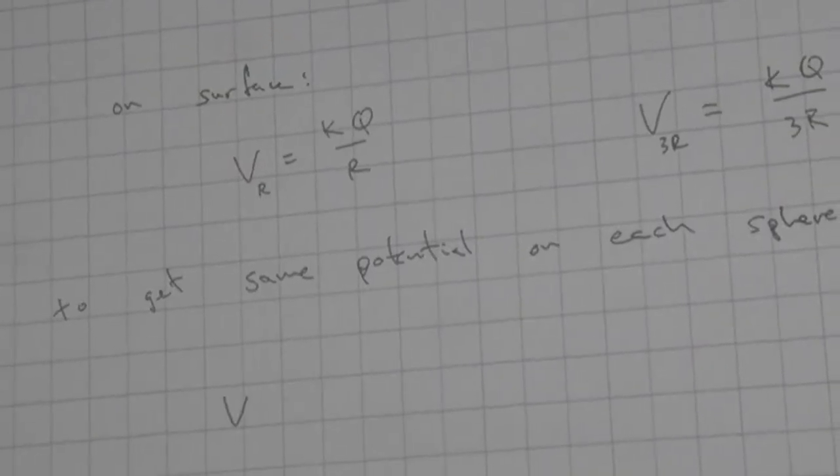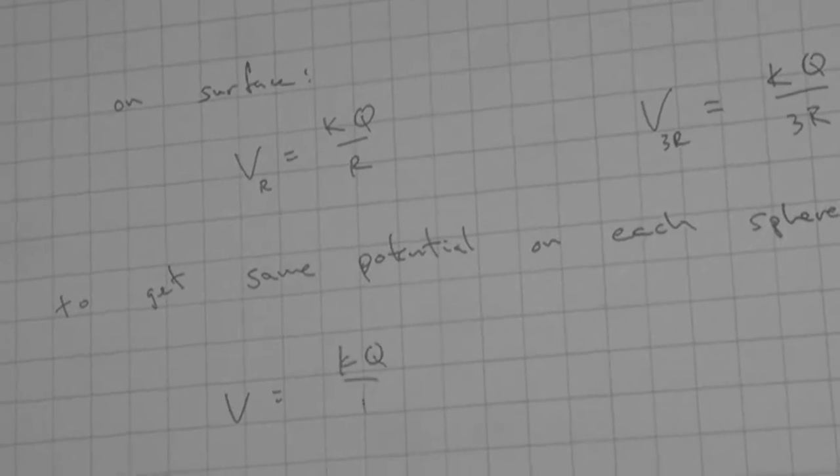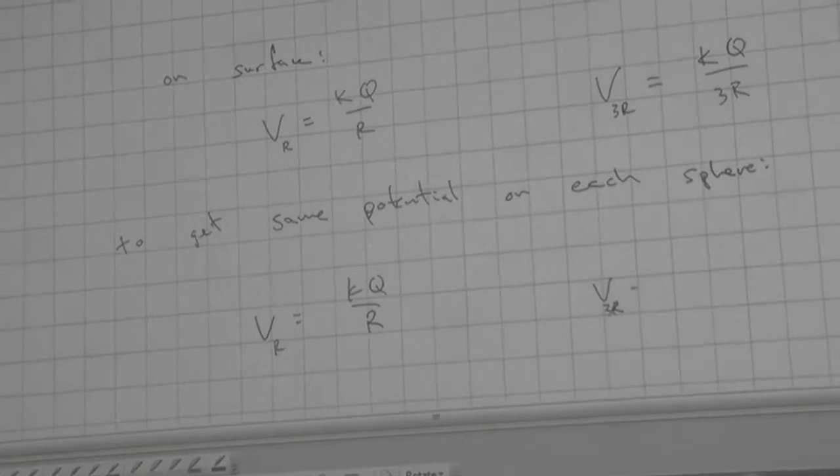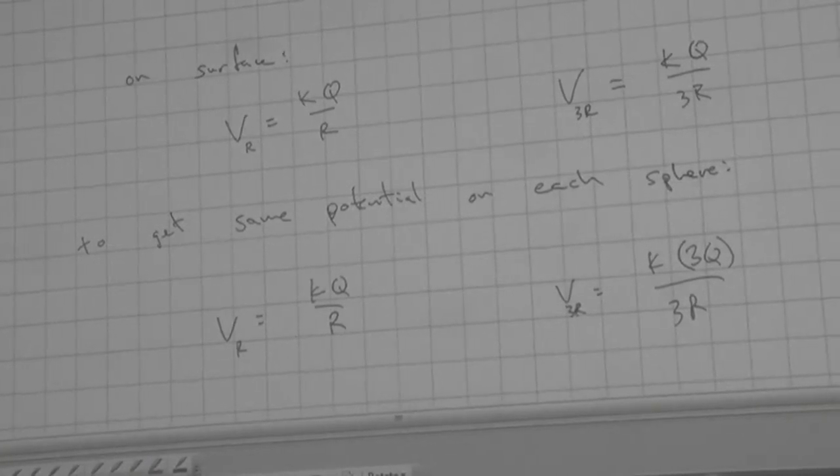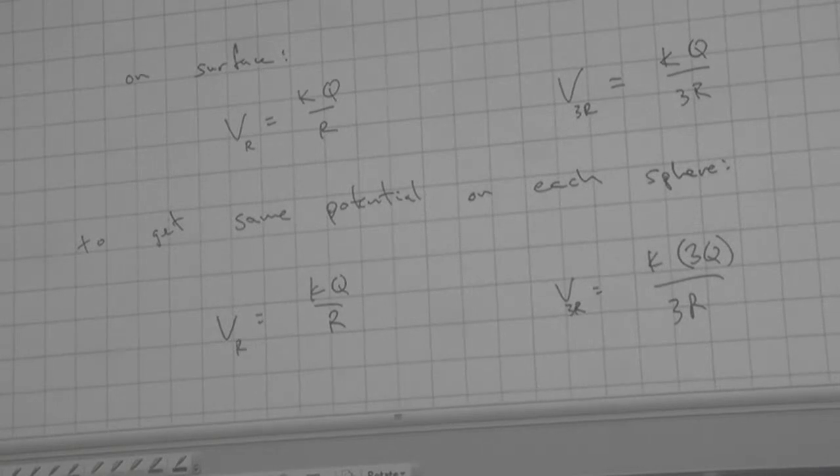This one would need KQ over R, and the big sphere would need K3Q, right? If its radius was 3 times as much, we'd have to put 3 times the charge on there to get the same potential. Now the potentials are the same.